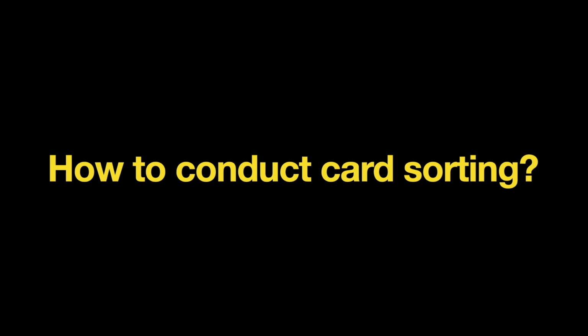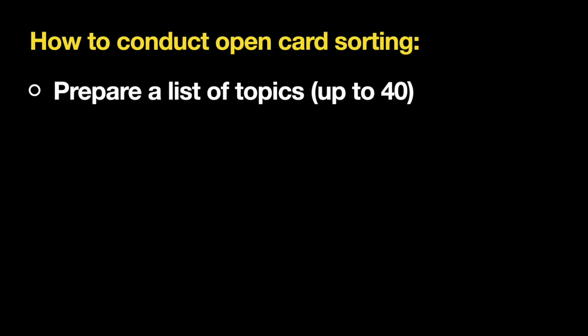Now let's discuss how to conduct open card sorting. To conduct card sorting, you will need two things: actual users and cards. In the first step, we need to prepare a list of topics. The topics should be selected based on the content of your app or website. Each topic should be written on an individual index card.